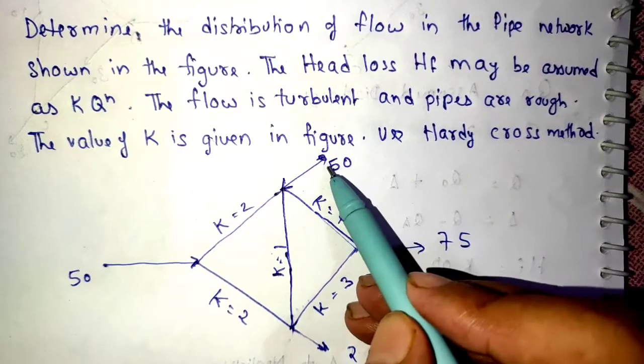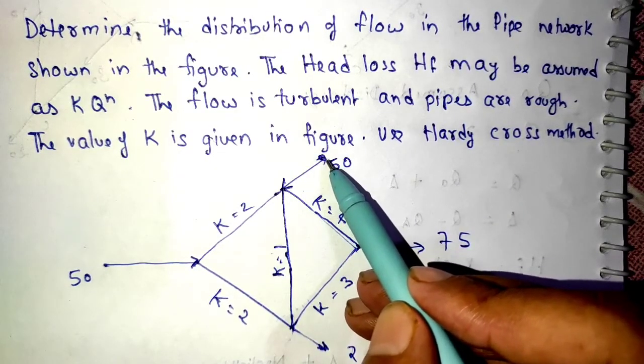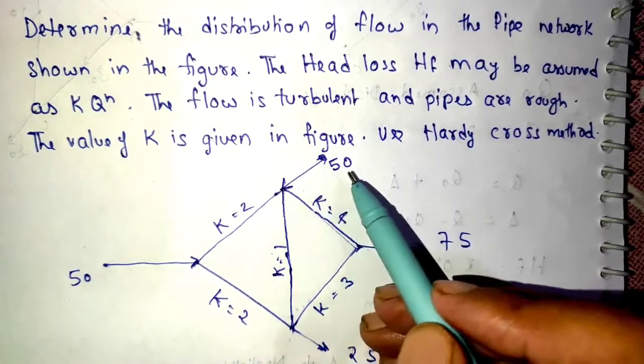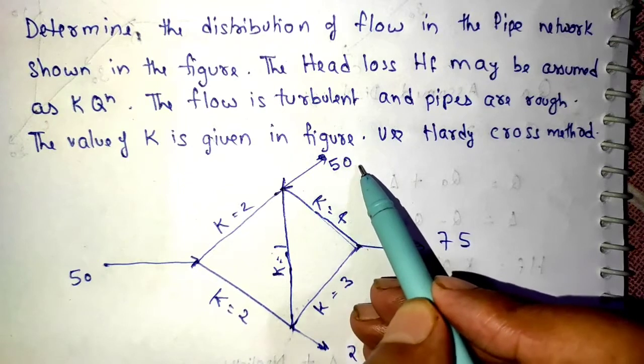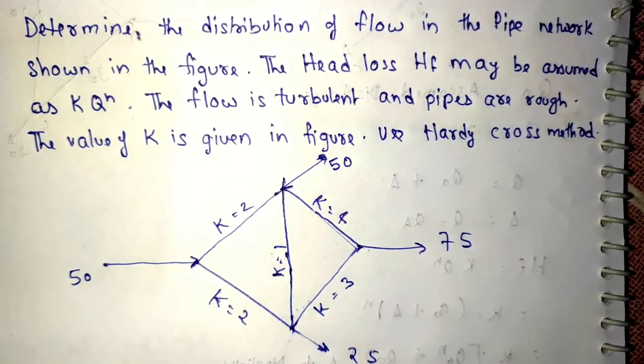When I was drawing this figure, I had mistakenly drawn the arrow here, so I had to look up what the question and the figure said. So here also a discharge of 50 is entering this node, right? You have to be very careful about at what nodes the water is entering and at what nodes the water is exiting.